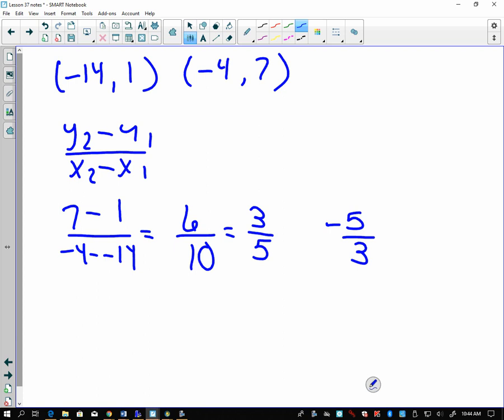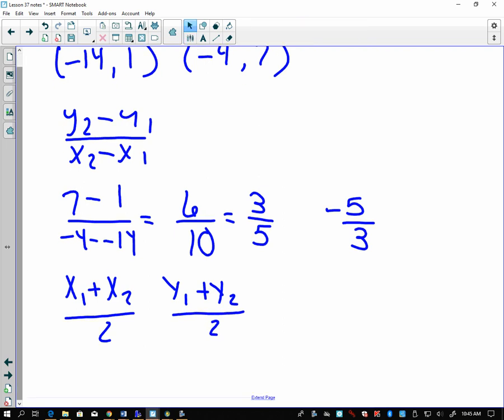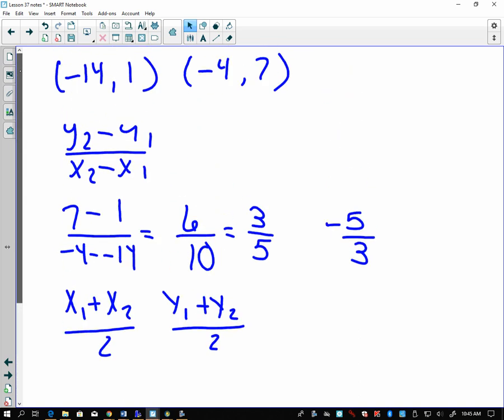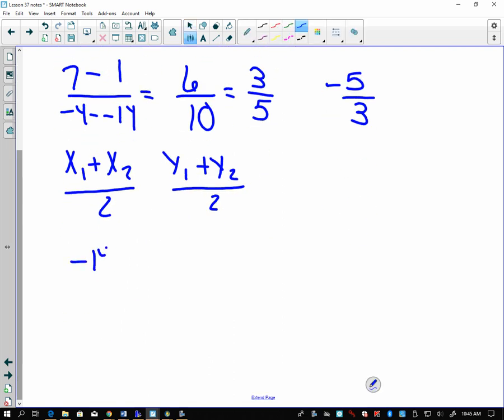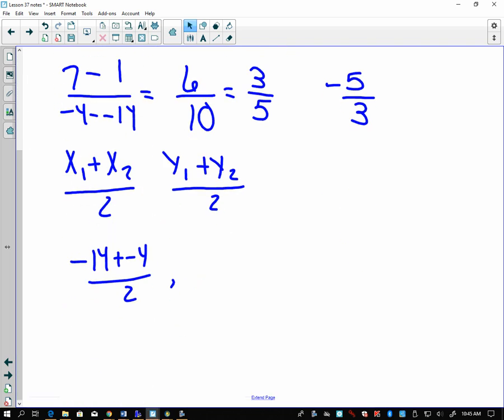So the midpoint formula is x1 plus x2 divided by 2, y1 plus y2 divided by 2. Let's drag this down a little bit. We have negative 14 plus negative 4 divided by 2, and 1 plus 7 divided by 2.